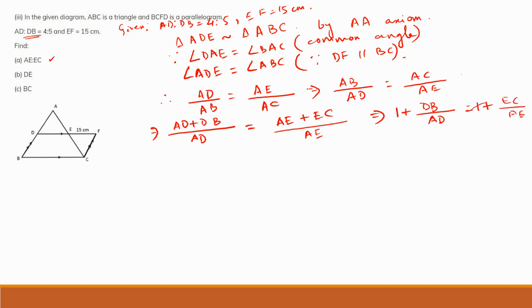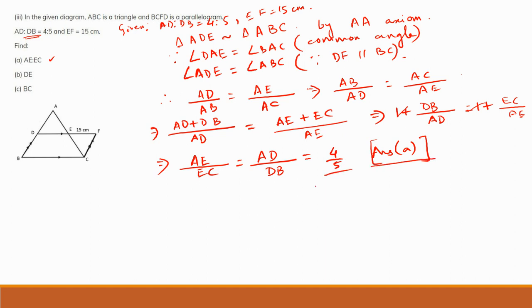So this 1 gets cancelled from both sides. Then you get AE by EC equals AD by DB, which we all know is 4 by 5. So this is answer A, right? 4 by 5 is already given to you.